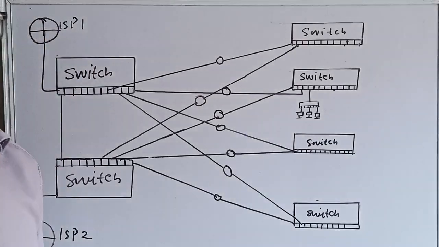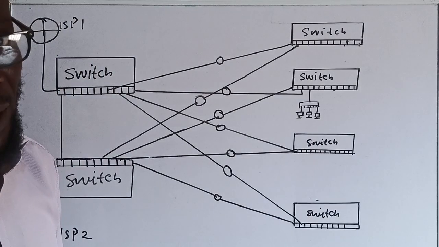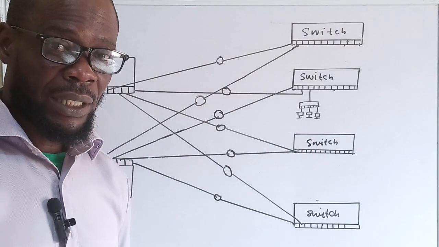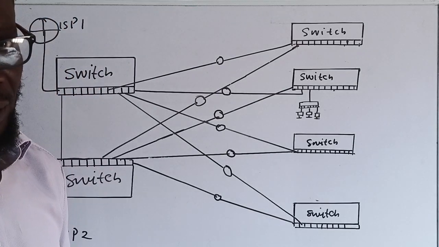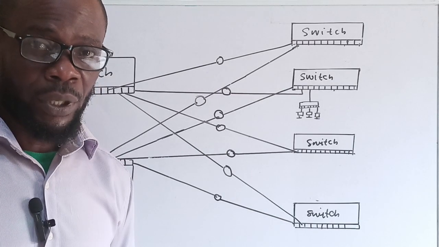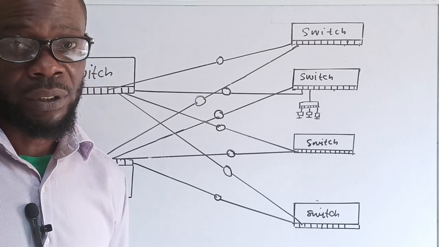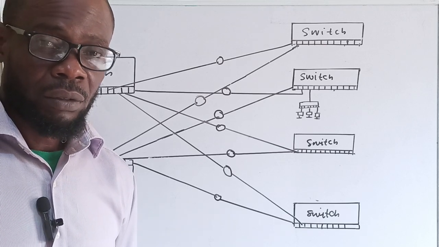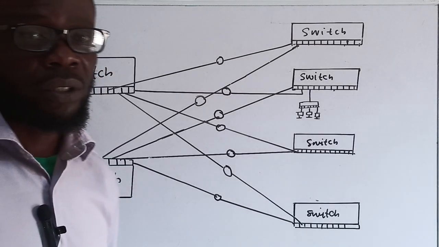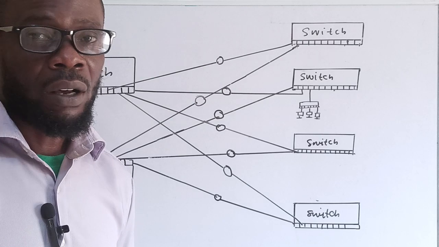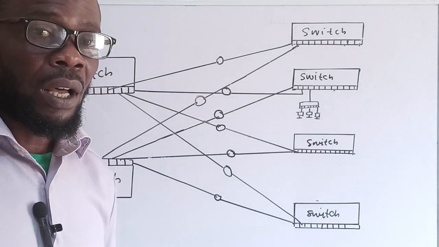Hello, everyone. I'm here to talk about metropolitan area network, which is MAN. A metropolitan area network is a type of network that is larger than a LAN, local area network, but spans within a metropolis. Most of the time, companies or business organizations have their offices within the city, not just one office.